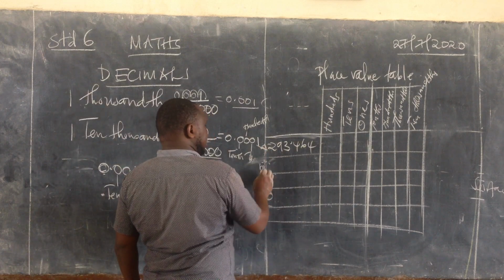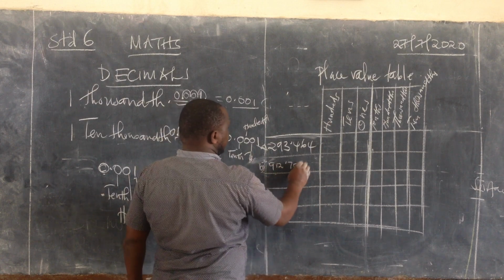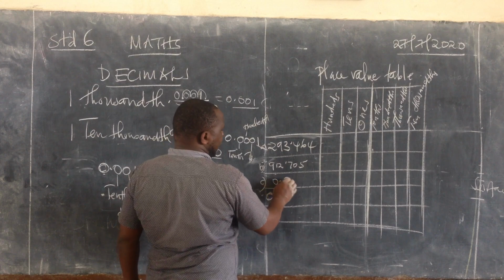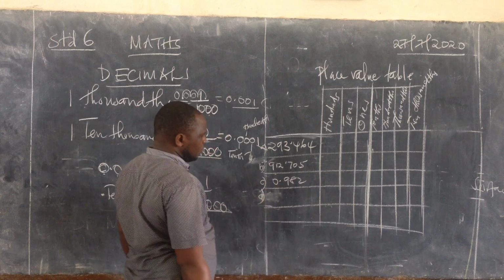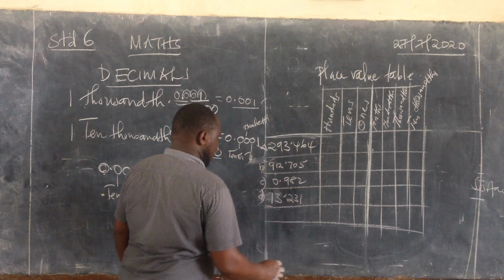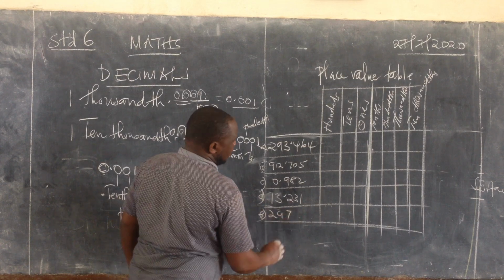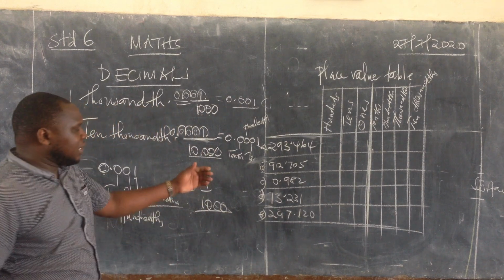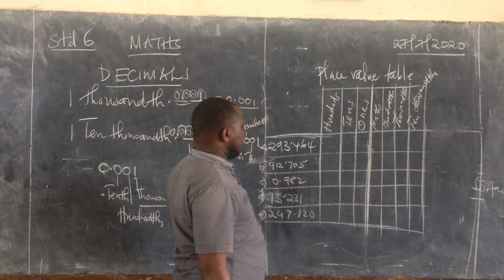Another number, 912.705. You can also be given 0.982, 13.231, and lastly 297.120. You can be told to find the place value of the digits in the numbers given.